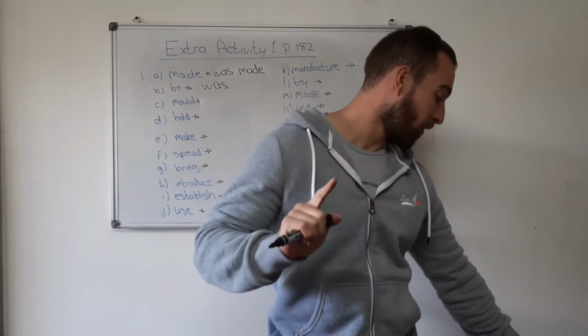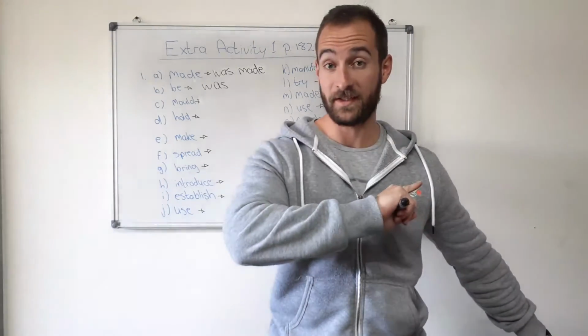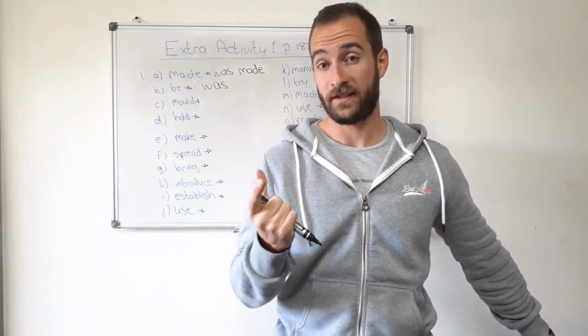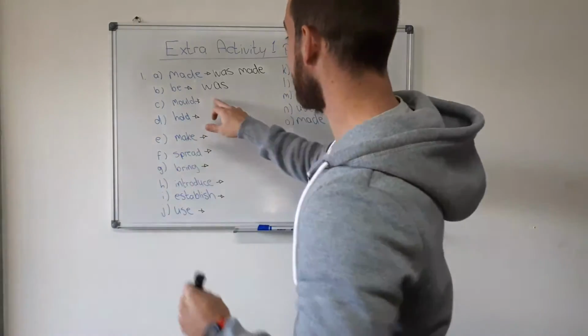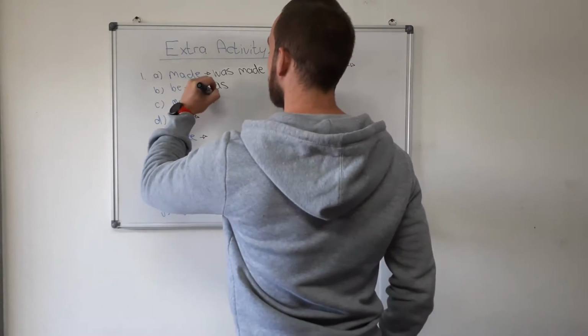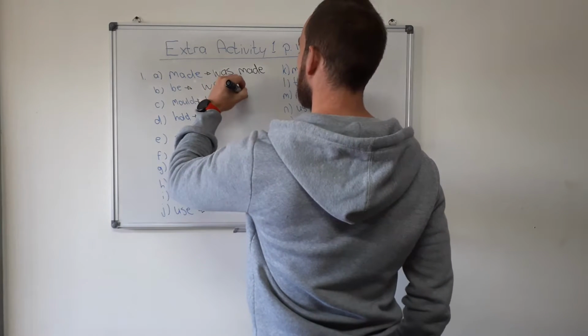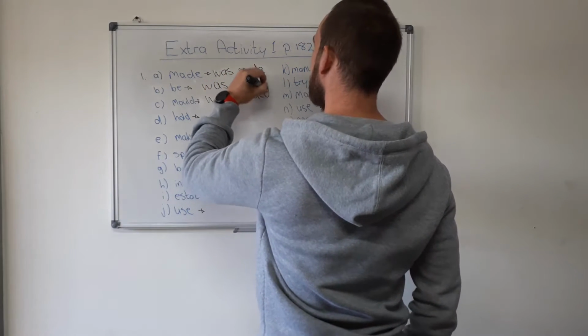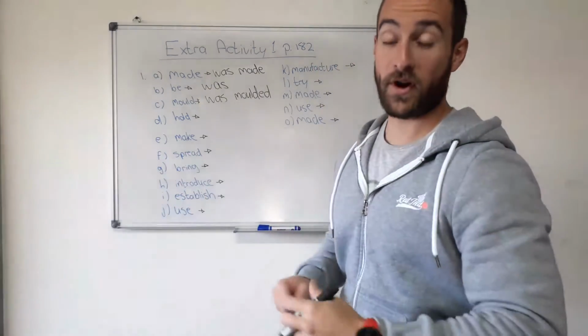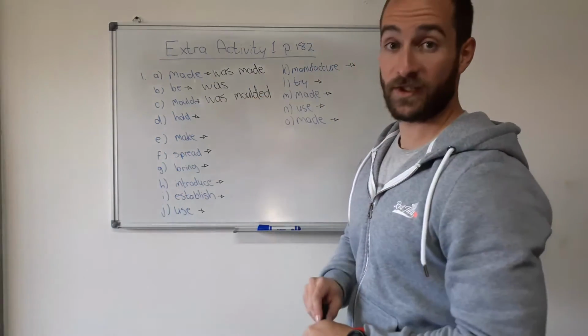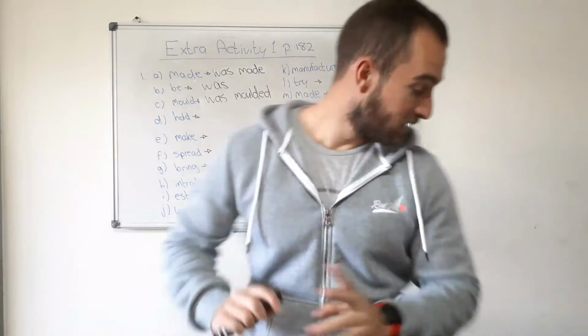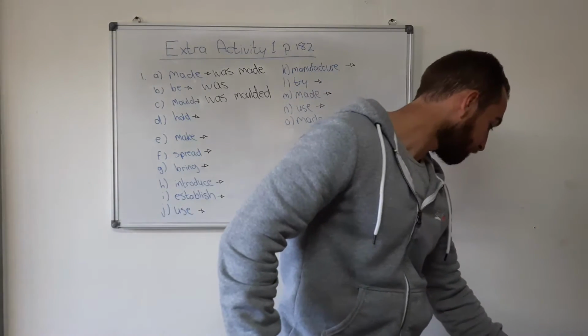We also know it's going to be past tense thanks to my previous sentences that I know are in the past. So again, we go with was, which helps my main verb, mold. And I have to add ed for it to show past tense. Was molded.